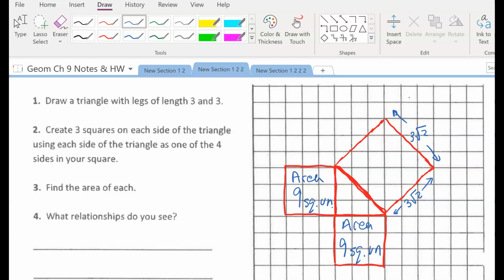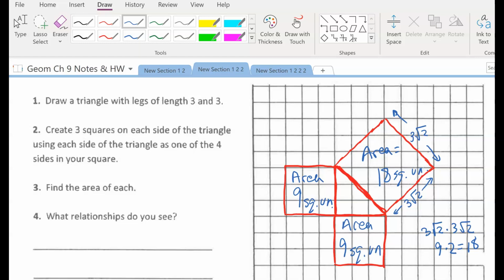And then to find the area, we're going to multiply those. So 3 square root of 2 times 3 square root of 2. So 3 times 3 is 9. And square root of 2 times square root of 2 is 2. So that's going to be the 18. So the area of this one is equal to 18 square units.